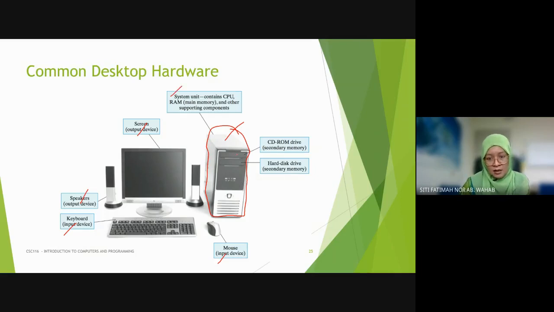Okay, here you have a CD-ROM, CD drive, so that you can burn your CD so that it becomes an output. It becomes your secondary memory. And you also have your hard disk. It is also a secondary memory where you store all your data.